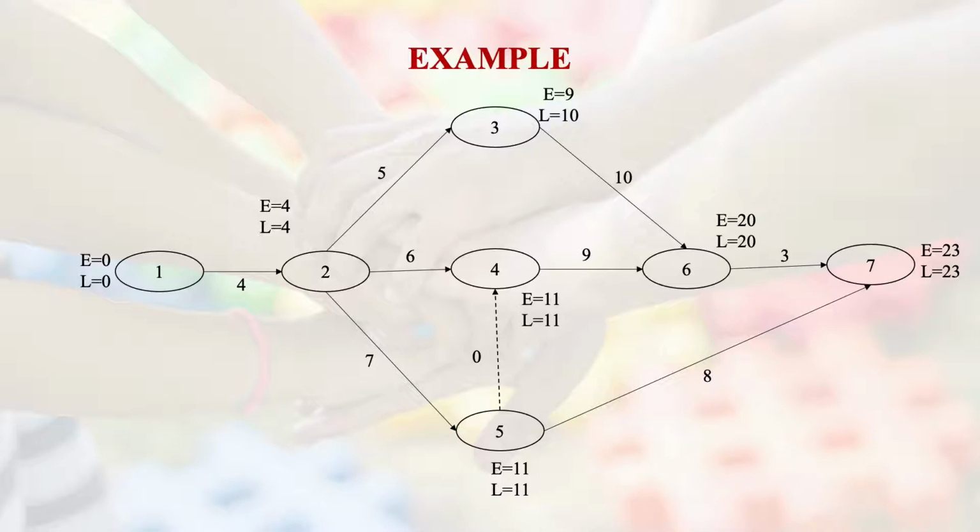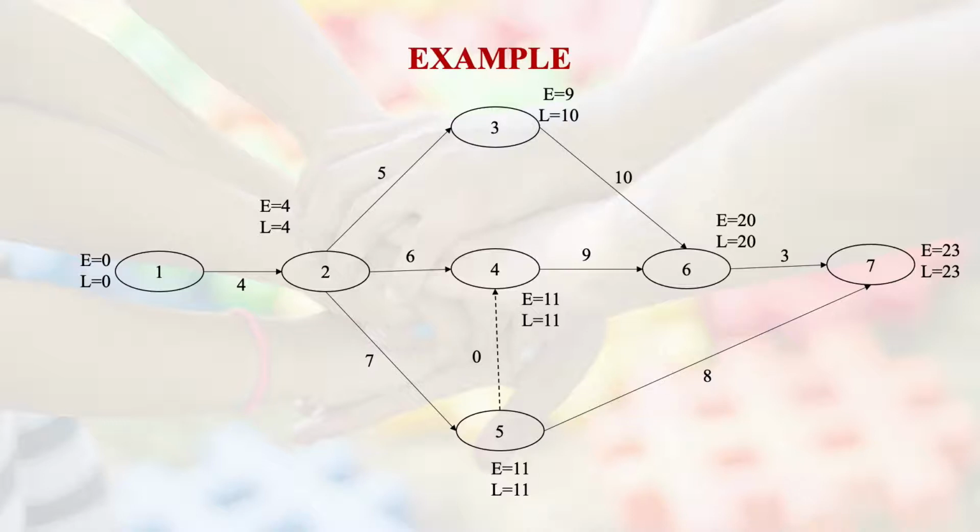Now from 2, there are 3 possible events which will get fired: event 3, 4 and 5. First, 2 to 3. For event 3, E equals 9. How does that come? Our earliest occurrence time at event 2 is 4, so 4 plus the activity time of 5 gives 9. We are just dealing with E, we are not dealing with L right now.